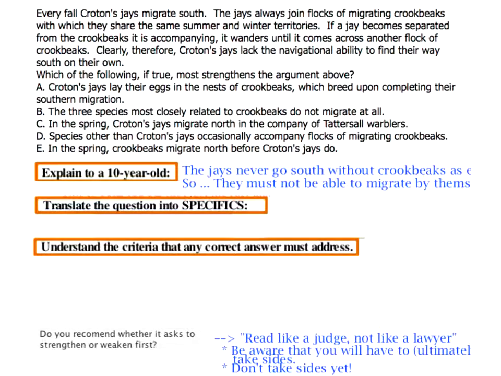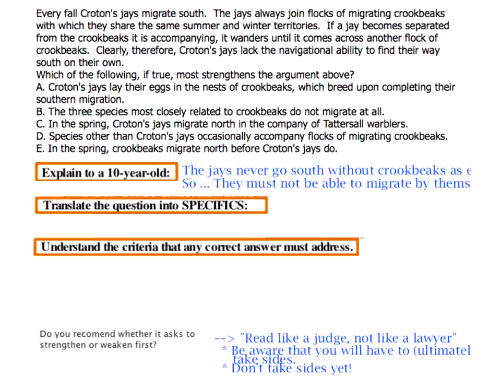If you think about this, you don't want to think about it for too long, but you could come up with other reasons. Maybe they eat the remains of the crook beak's food out of their beaks. Some birds eat from the beaks of other birds. Or maybe they're just lazy. I can sympathize with that.